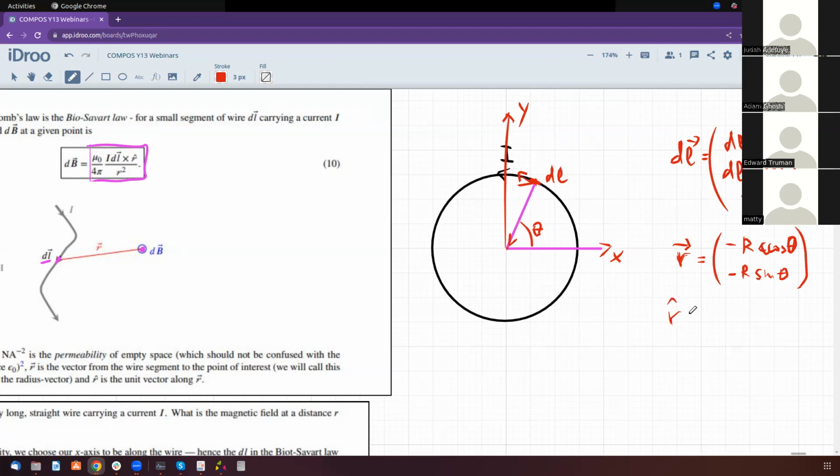So the unit vector is going to be 1 over r, because we know the length of this vector is the radius of the loop. 1 over r times that is therefore minus cos theta, minus sine theta, 0.